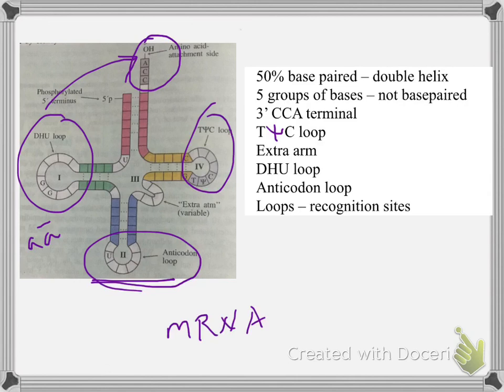So all these things work in coordination during protein synthesis and transfer the amino acid corresponding to the mRNA to the ribosome. This is about the structure of tRNA. Thank you.